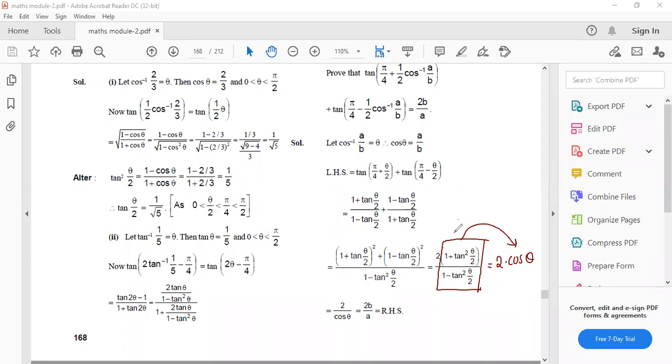But anyways, you should be able to recall this. Is it cos theta? And you know the value of cos theta is a upon b. Cos theta will be in the denominator because 1 minus tan square upon 1 plus tan square is the formula for cos theta. This is the reciprocal, so cos theta will go in the denominator.